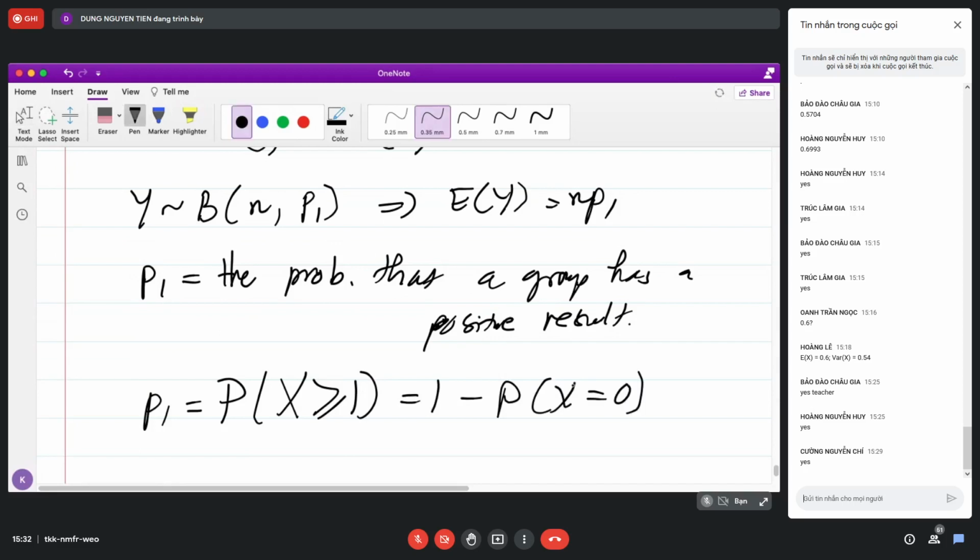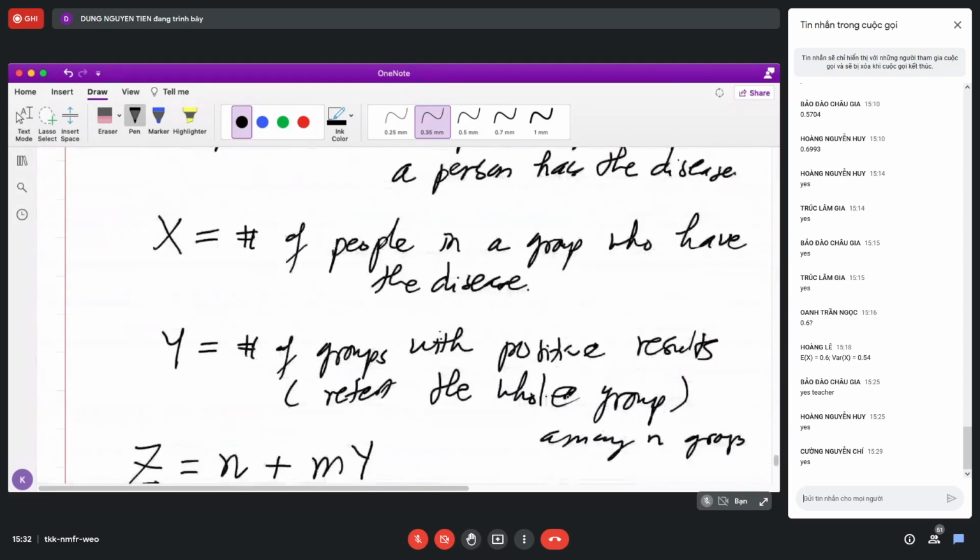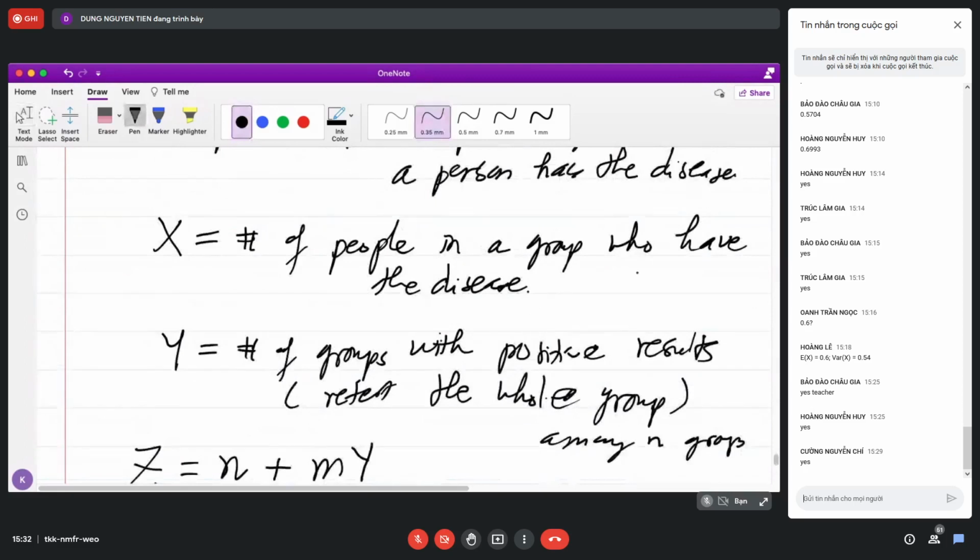Now, in order to find the probability that x equals 0, you need to know the distribution of x. What is x, by the way? X is the number of people in a group who have the disease. And how many people are there in each group? There are m members, correct?